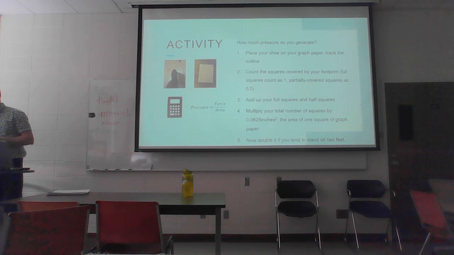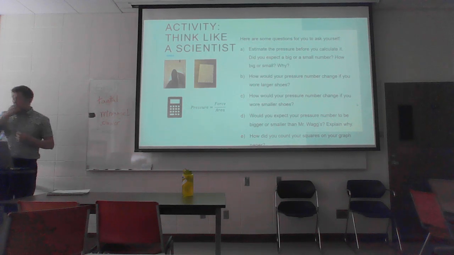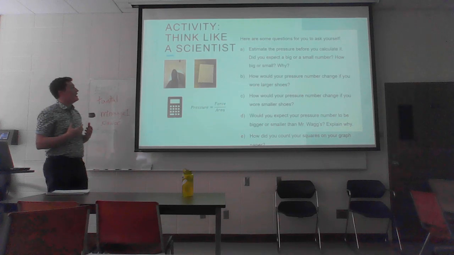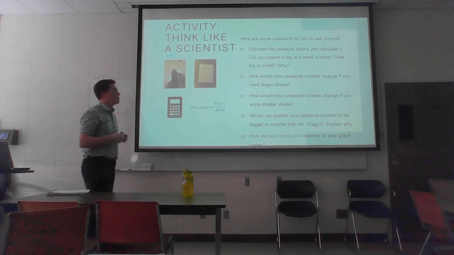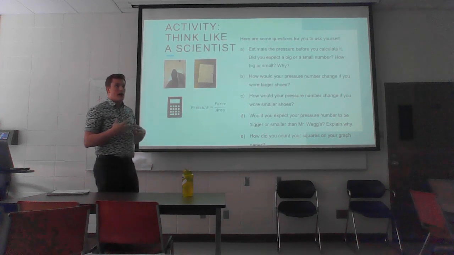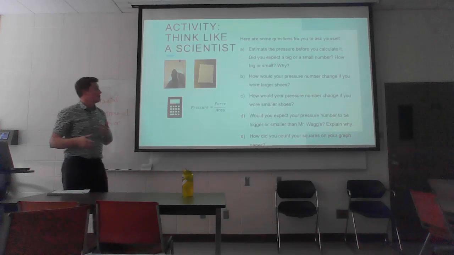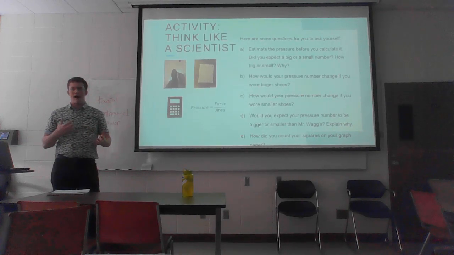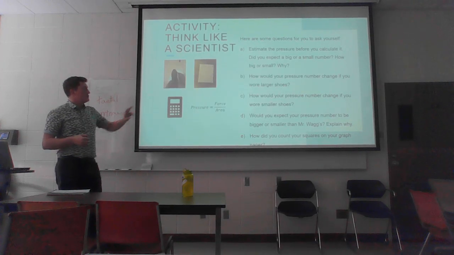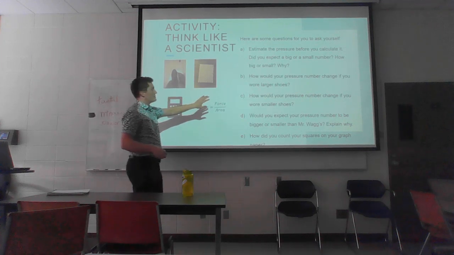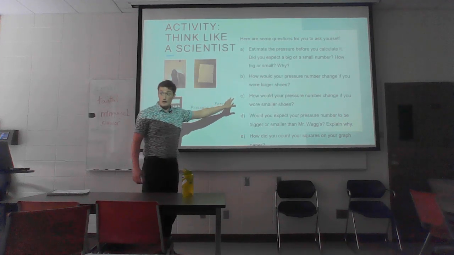And then during that activity, I wanted to give the students some prompts for questions to think about. First, estimate how much pressure you think you're going to apply. Do you expect a big number or a small number? How big or small, and why? These next two are conceptual questions. How would your pressure change if you wore larger shoes?